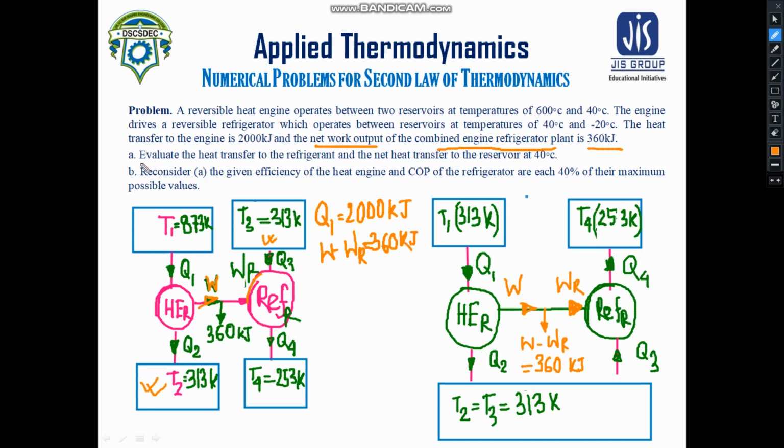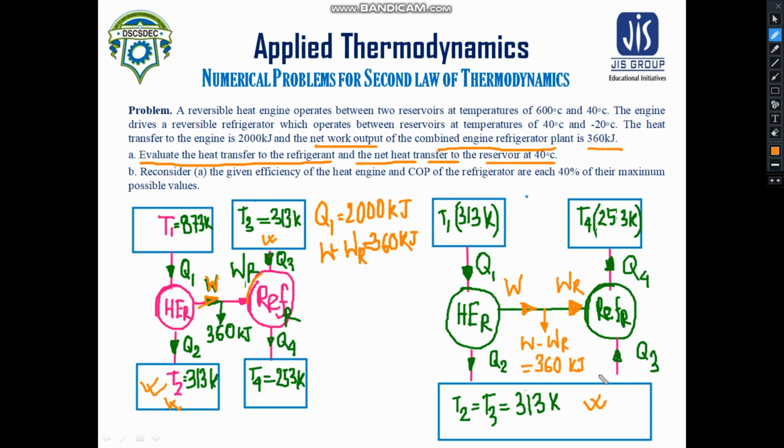And the question is, evaluate the heat transfer to the refrigerant and the net heat transfer to the reservoir at 40 degrees Celsius. So that means they are asking to convert this whole diagram into a problem where this sink will act as a common reservoir for both the heat engine as well as the refrigerator. That means this will act as the sink for this heat engine, whereas this will also act as the sink for the refrigerator.